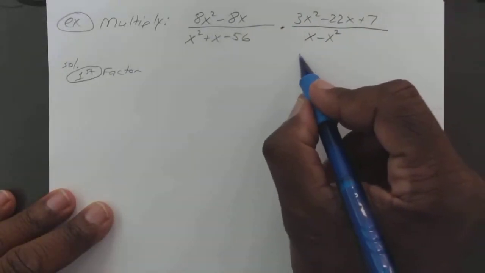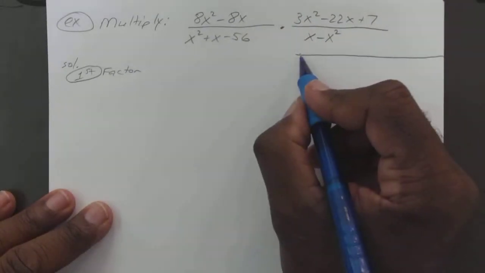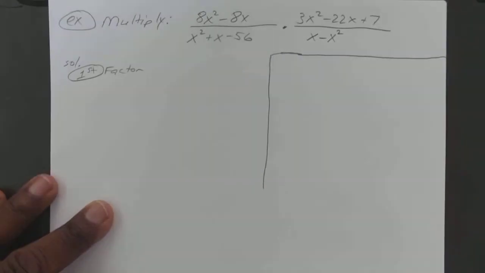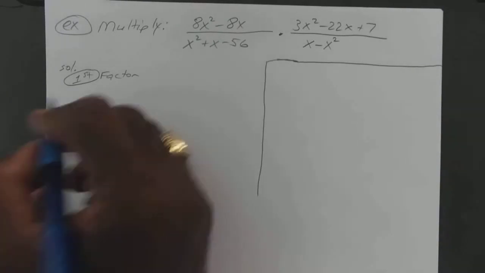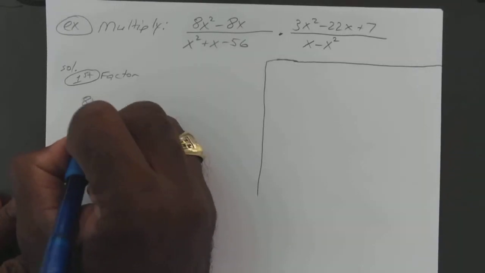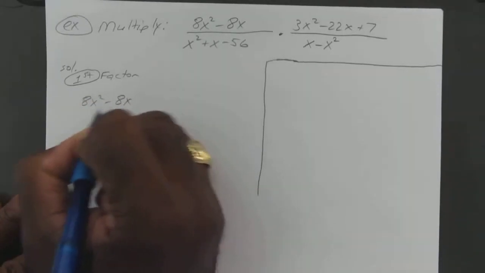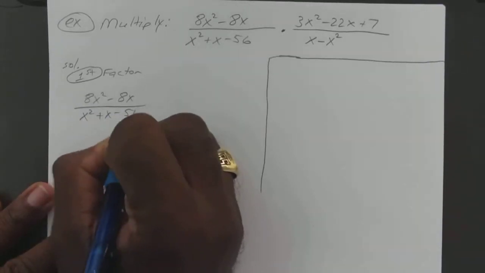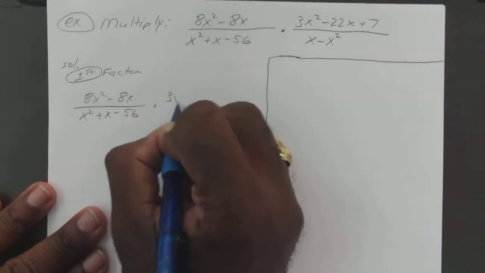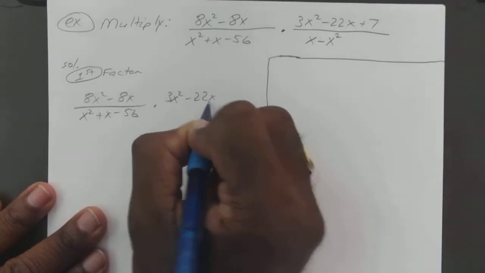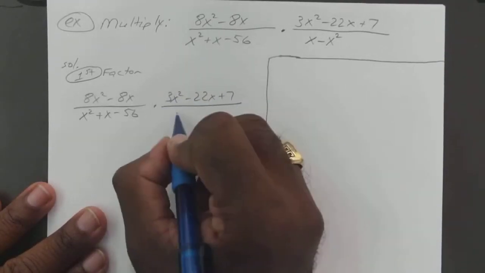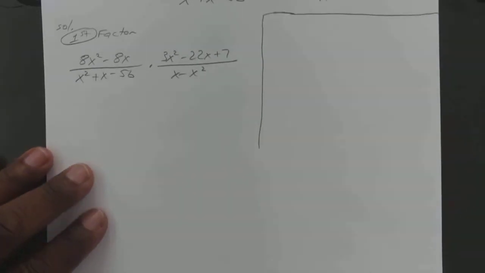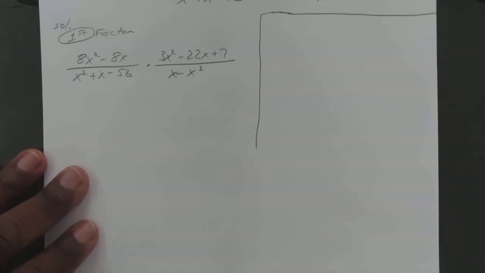Okay. So just like before, we're just going to do all of that messy work on the side. Okay, so we know, let me just rewrite it, 8x squared minus 8x over x squared plus x minus 56 times 3x squared minus 22x plus 7 over x minus x squared.